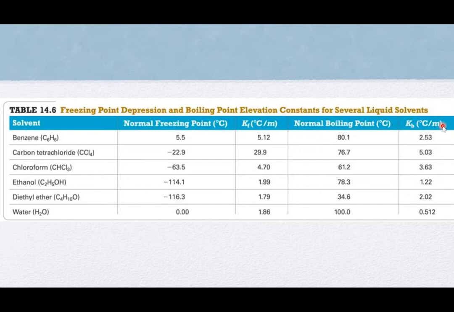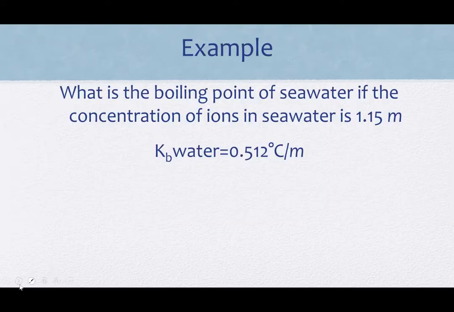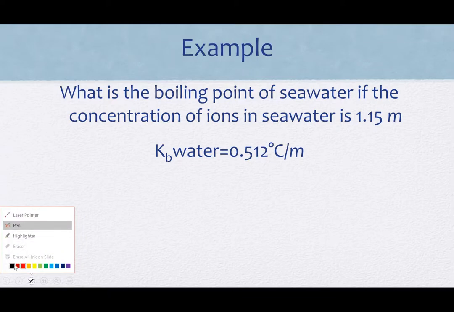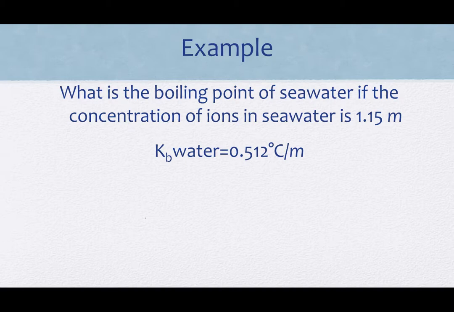And then we will add in our last variable. Flip around so I can write on this. All right. So here's our problem. What is the boiling point of seawater if the concentration of ions in seawater is 1.15 molal? Okay.